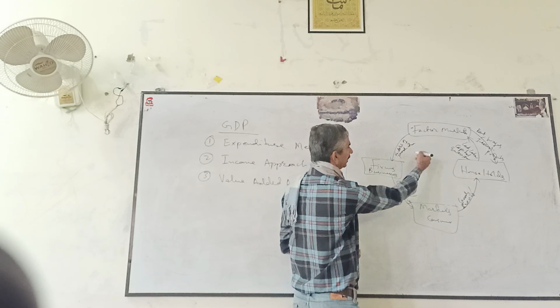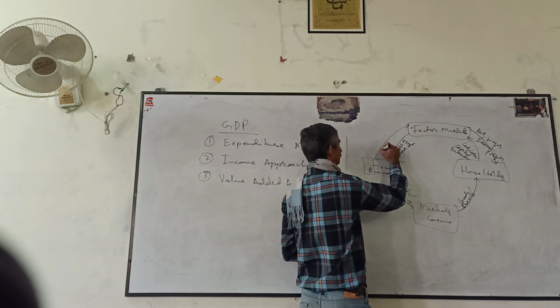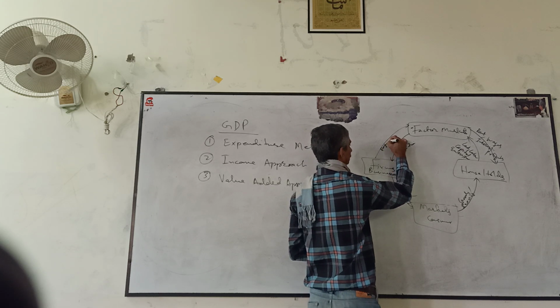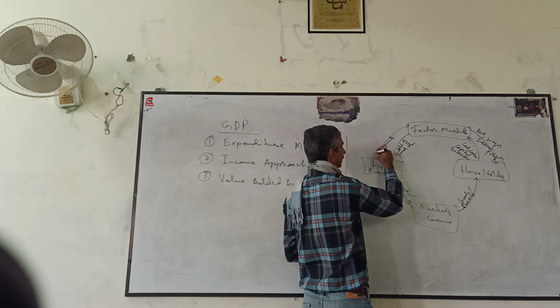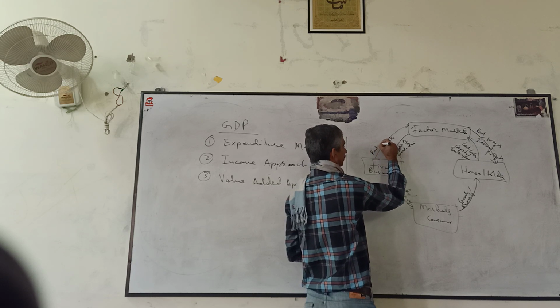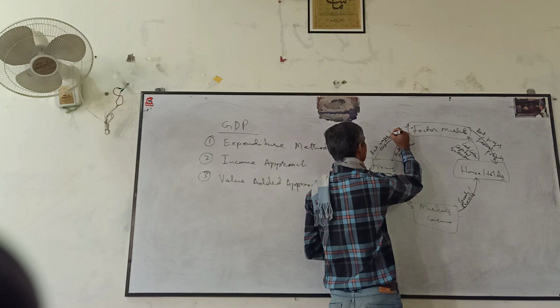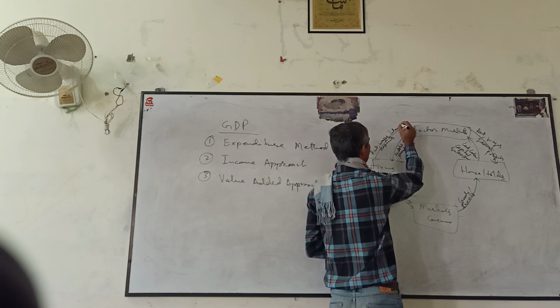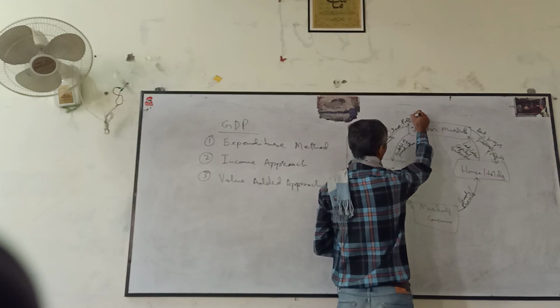And the firms, when they hire these factors, make the payments. What payments do they make? They pay for the land, the rent, they pay the wages, they pay the interest, and the profits.